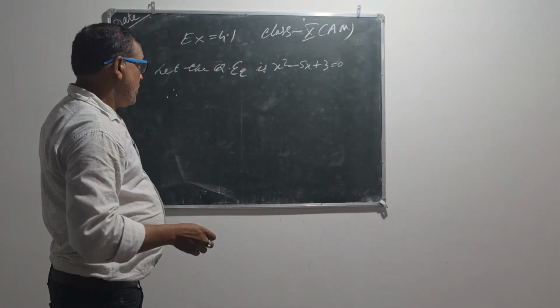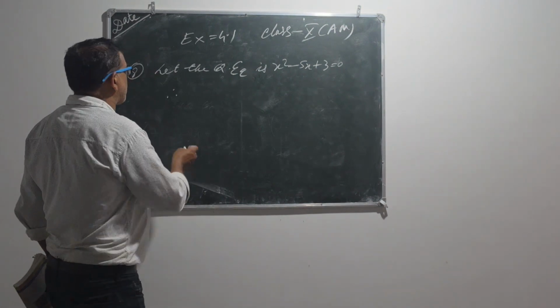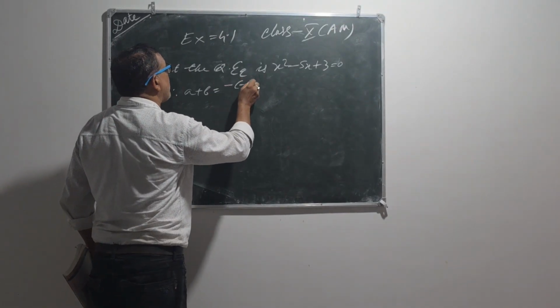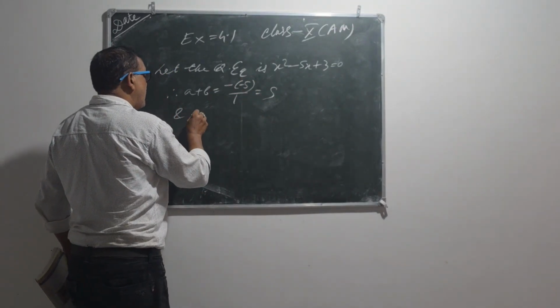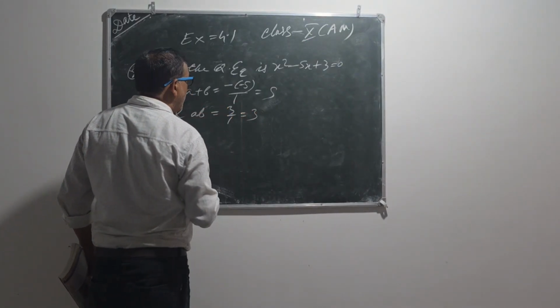Since a, b are the roots of this equation, the sum of the roots a plus b equals minus b by a, minus of minus 5 by 1, that is 5. And ab equals c by a, that is 3 by 1, equal to 3 only.